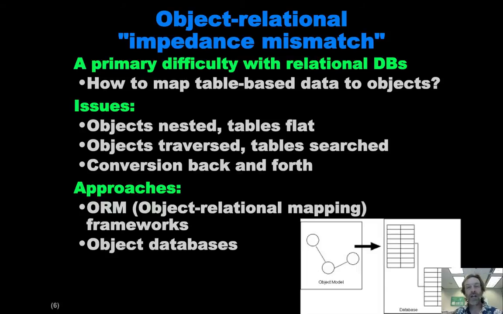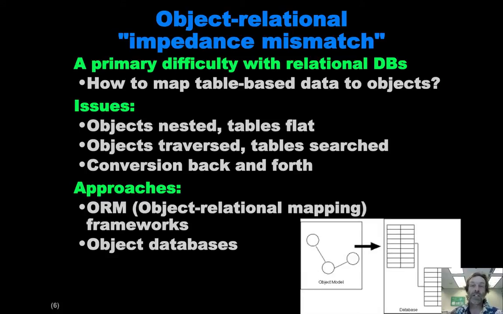Okay, and so this creates a number of design problems in terms of how you do this mapping back and forth between the objects that you want to manipulate in your programming language and the tables and rows that you want to be storing out on your database. And there's a variety of approaches to doing it.